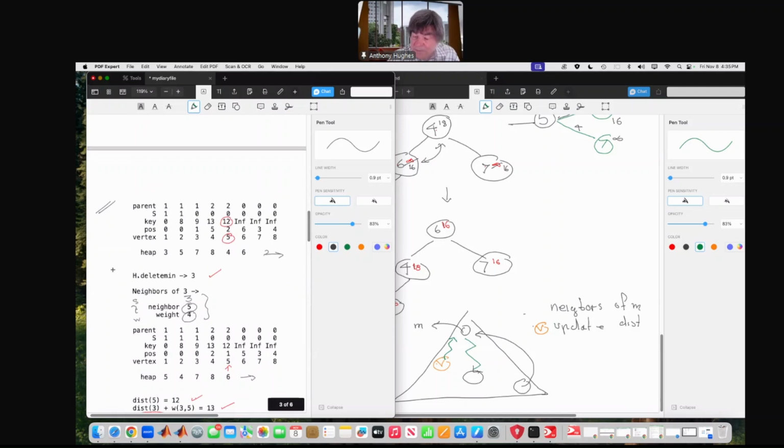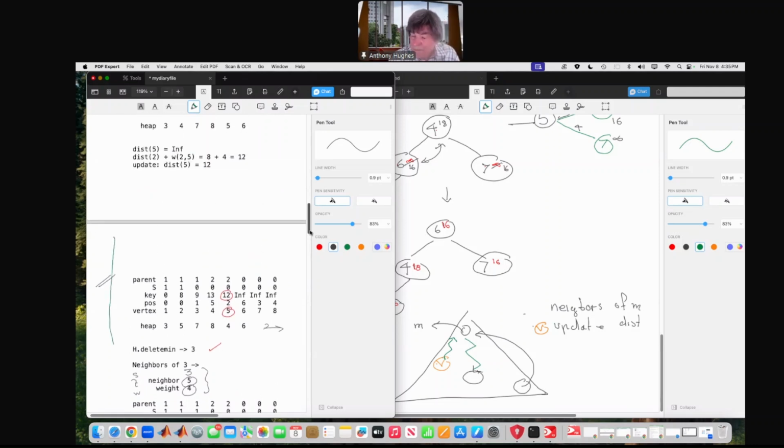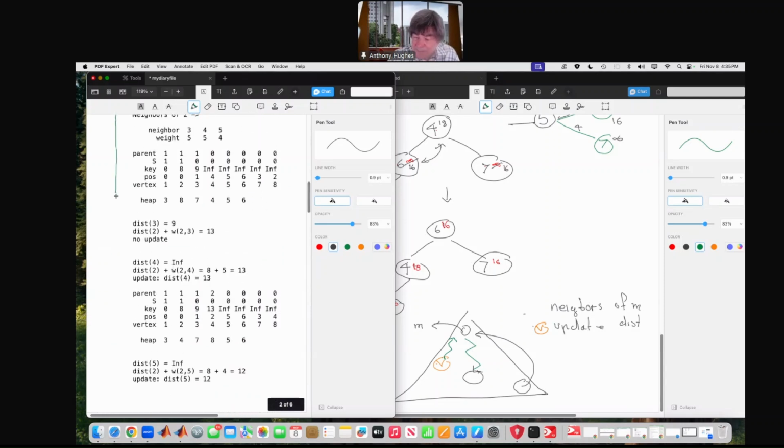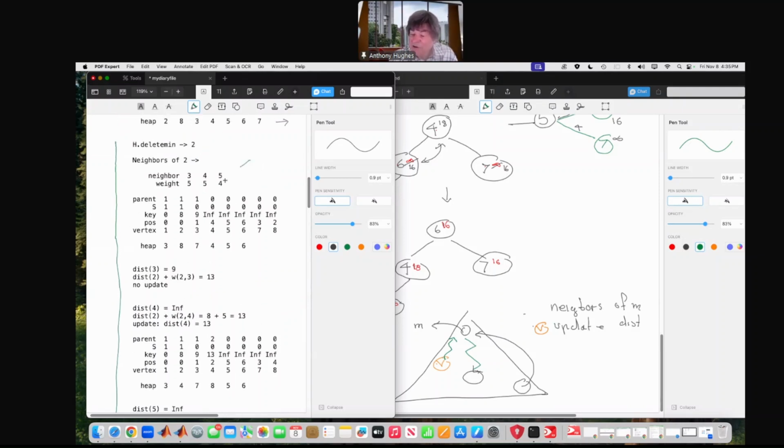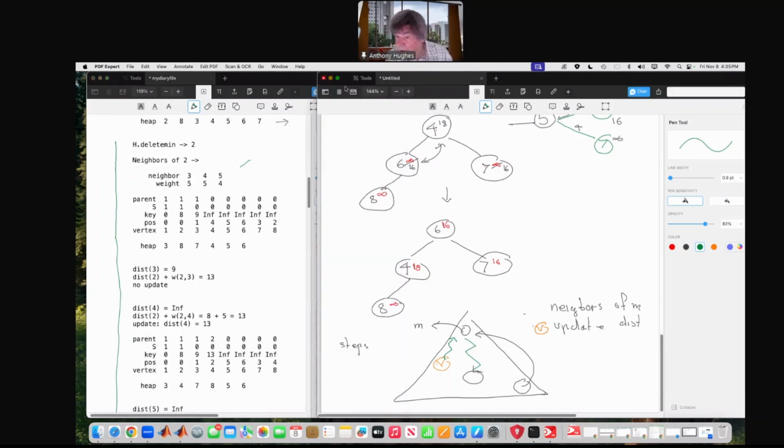So in this case, we did delete min 2. It has neighbors 3, 4, 5. So the first thing we did, let me erase this.